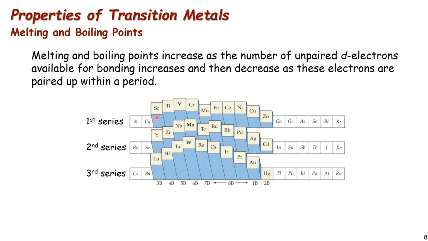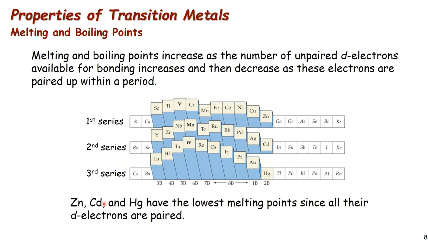But for the most part, the bond strength increases as the number of unpaired electrons increases, and then decreases as we have fewer and fewer unpaired d electrons. So again, like I said, zinc, cadmium, and mercury have the lowest melting points since all their d electrons are paired.